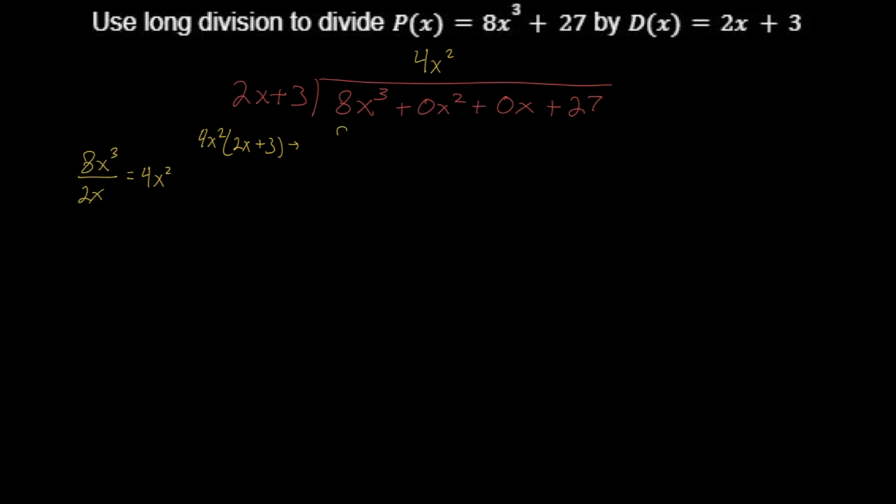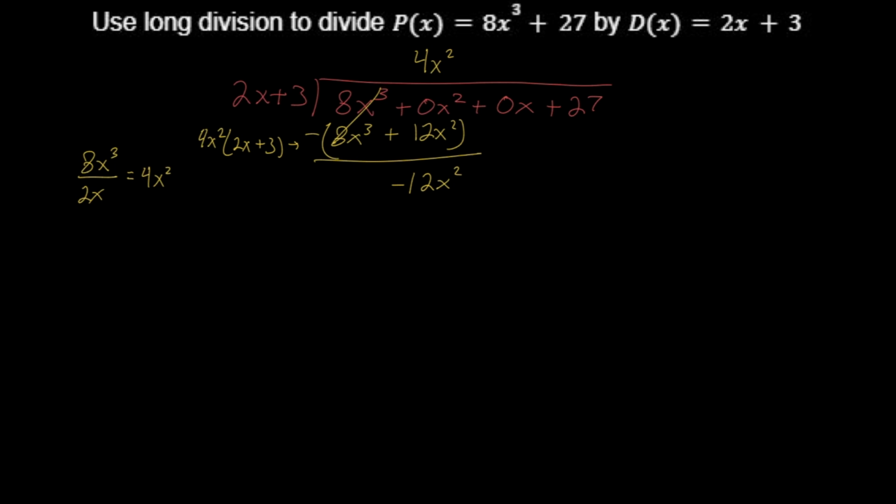If we do that, we're going to have 8x to the third plus 12x squared, which we will subtract. The first term should always cancel out. 8x cubed minus 8x cubed is 0. And 0 minus 12x squared is negative 12x squared.